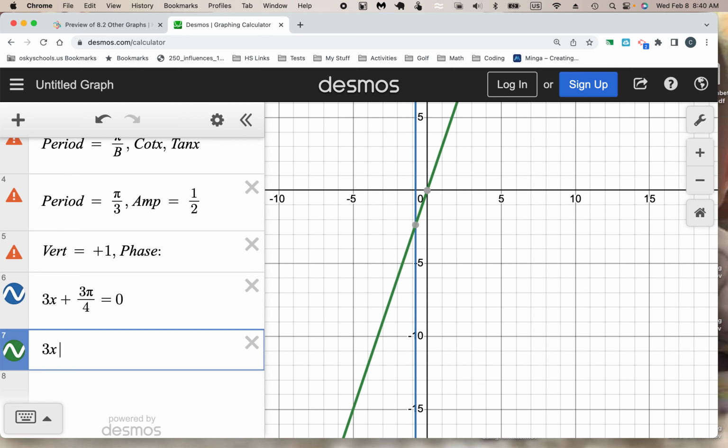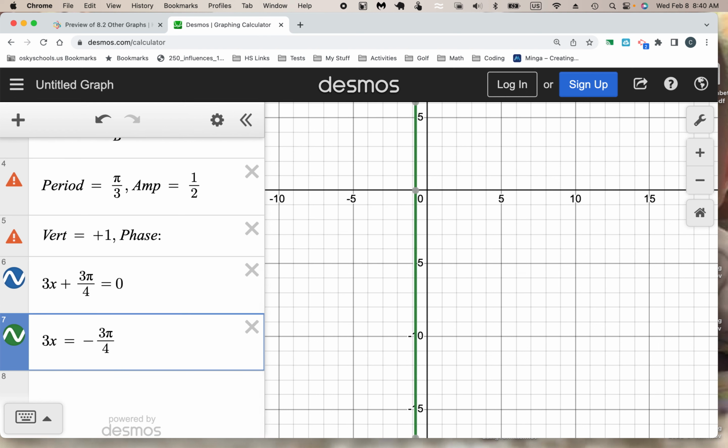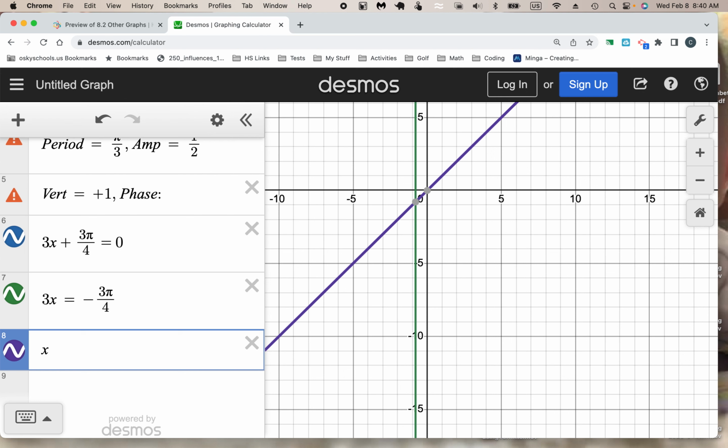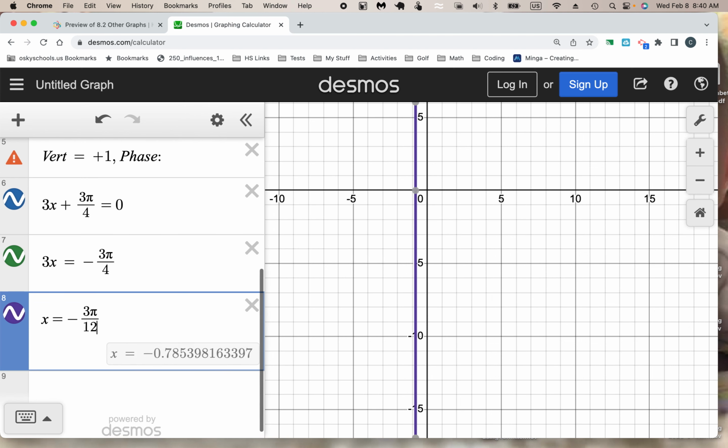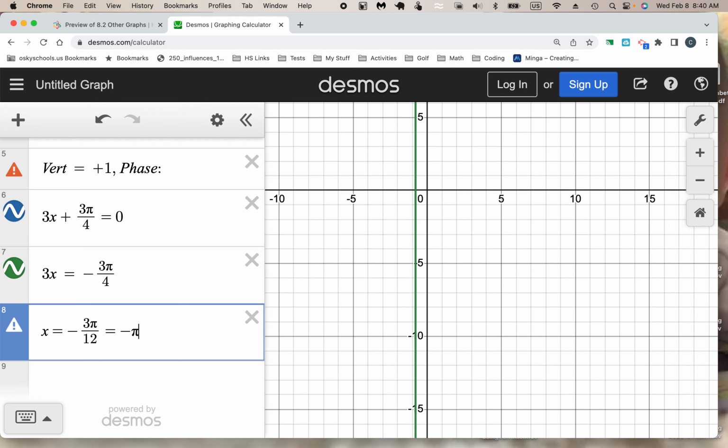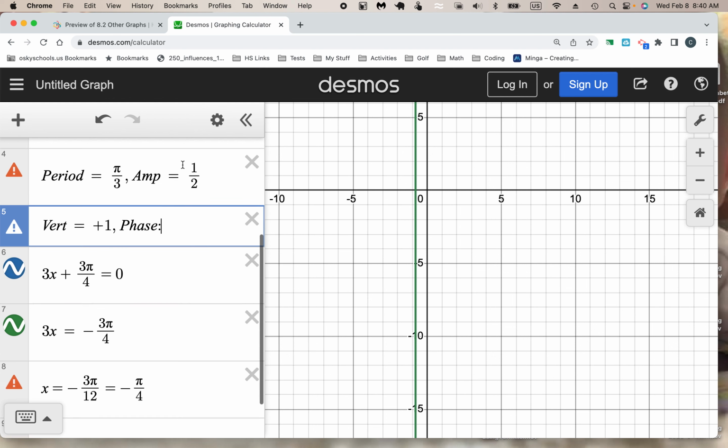I'd have 3x is equal to negative 3 pi over 4. I'm going to divide by 3 now. And when I divide by 3, I get x is equal to negative 3 pi over 12. But that reduces to negative pi over 4. So my phase shift would be negative pi over 4.